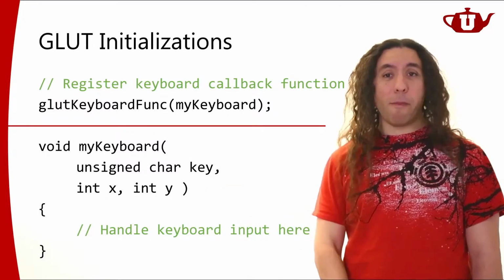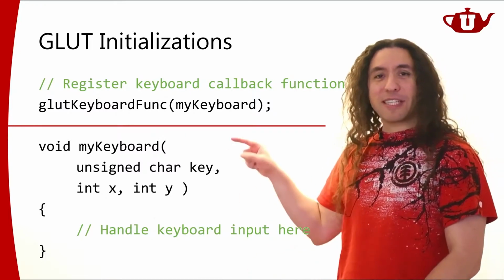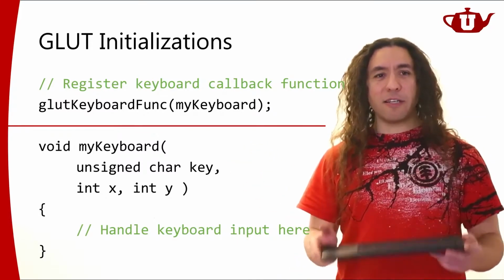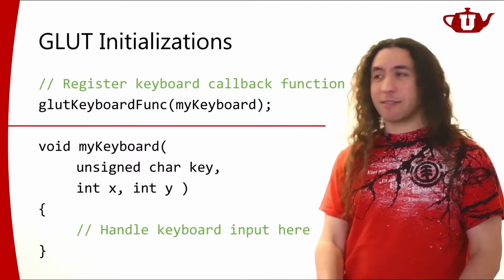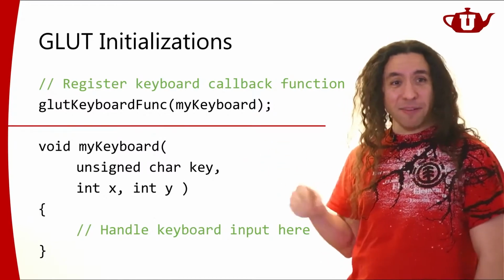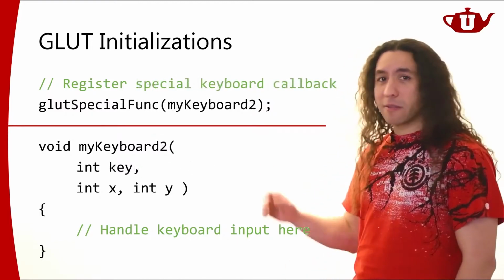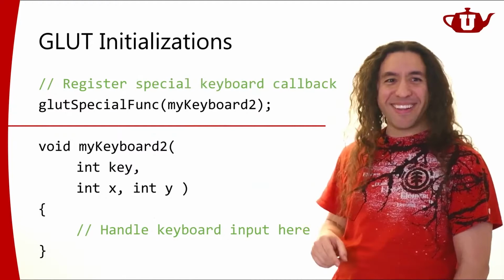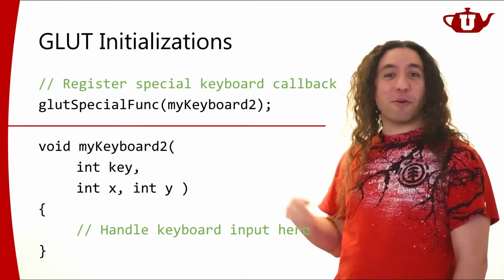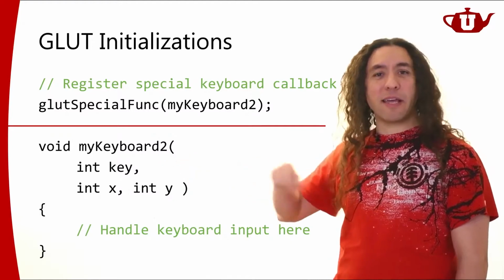Another function here. Now this is our keyboard function, but this function gets a character key. But if you look at a keyboard, there are keys that don't come with ASCII characters. If there is an ASCII character for that key, this function is good enough. For anything else, GLUT has another function that's called special function. That's what it's named. You can point to whatever function of yours that you like, and this one, instead of taking an unsigned character, is taking an integer.